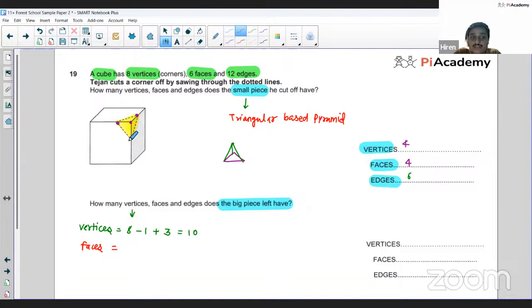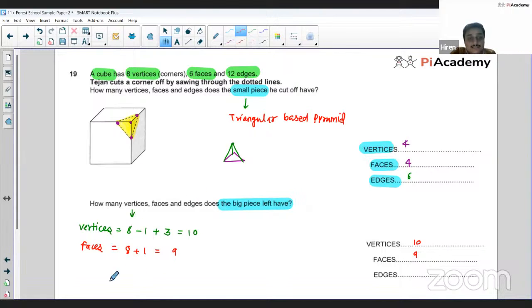You can see the yellow surface. That is the new face, the inclined, triangular face. That has just evolved because you have cut off. So initially you have 8 faces and now there is an addition of 1 more, so it will become 9. If you have the answers 10 and 9 up to now, then you are doing well. Otherwise, you have to revise this topic.